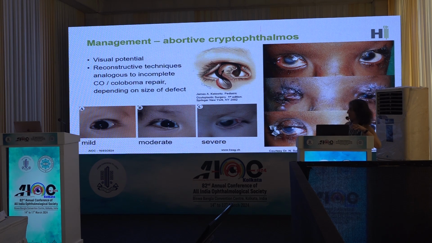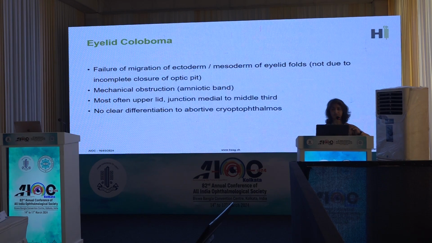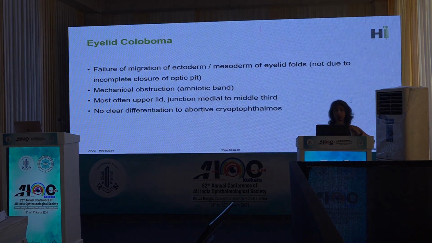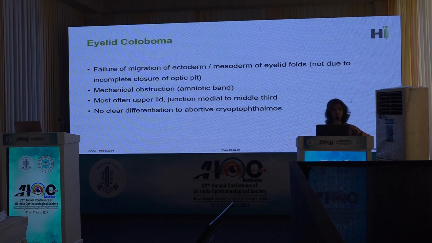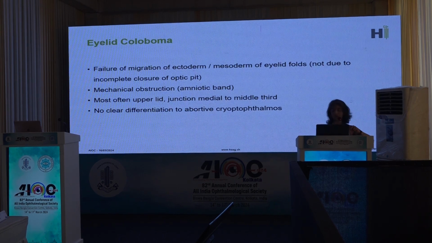The mild cases of abortive cryptophthalmos cannot really be differentiated from eyelid coloboma, which can also be due to failure of migration of ectoderm, mainly because of amniotic bands or other systemic associations which we will see. Most often, the upper eyelid is involved.